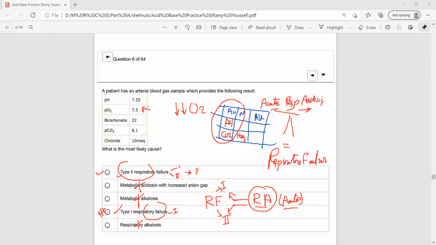The O2 is low, because I know normal is from 10 to 13, so this is hypoxia, and hypercapnia. So this is type 2 respiratory failure. Clear?